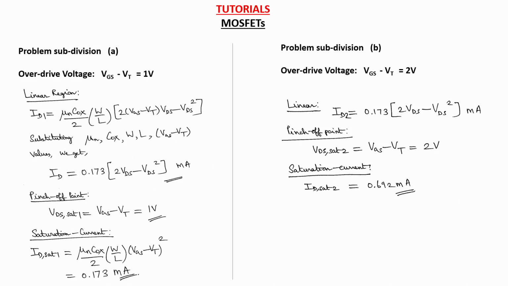For VGS minus VT equal to 1 volt, in the linear region you take the known linear region equation and substitute all the known values. Now you have Cox and VT and all the known values. Plugging in, you get that the drain current takes the relation 0.173 into 2 VDS minus VDS square in milliamps.